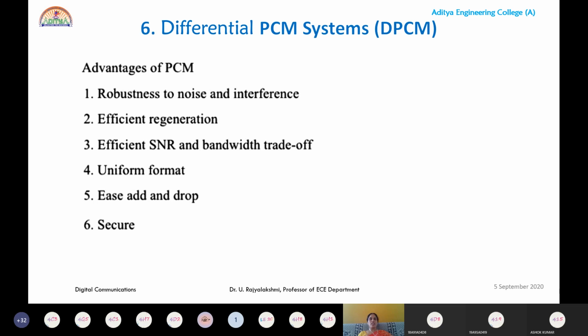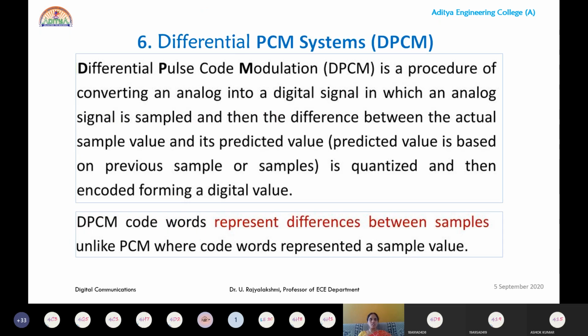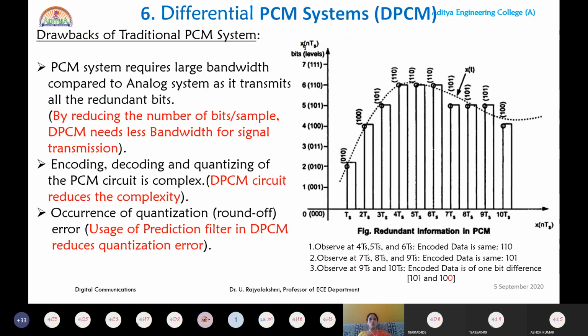These are all the advantages, but the one and only drawback of PCM is, let us go to the next slide, that it needs large bandwidth compared to the analog system. PCM needs a large amount of bandwidth compared to the analog system, as it transmits all the redundant bits.